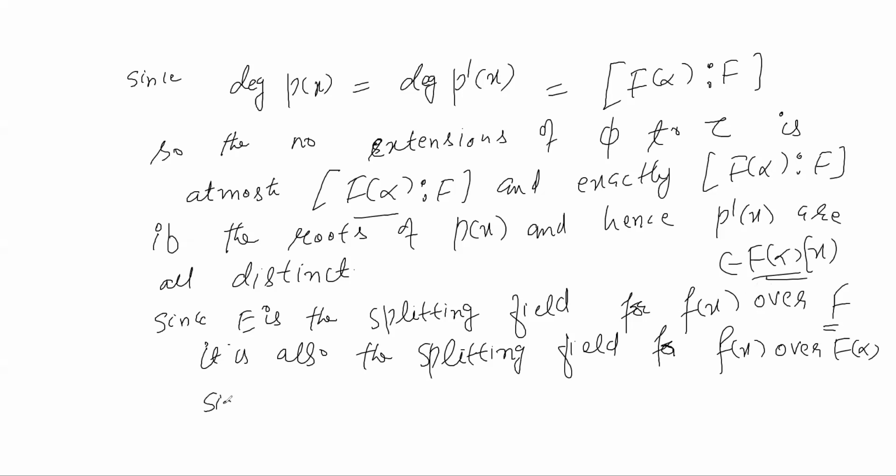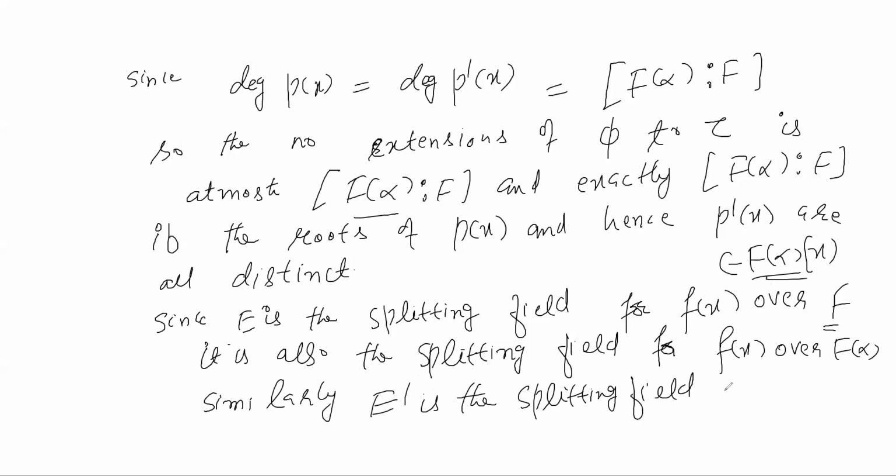Similarly, by a similar argument, E dash is the splitting field for f dash x over F dash beta.